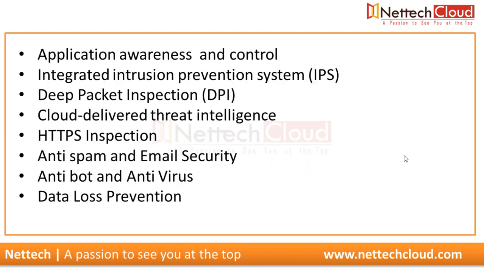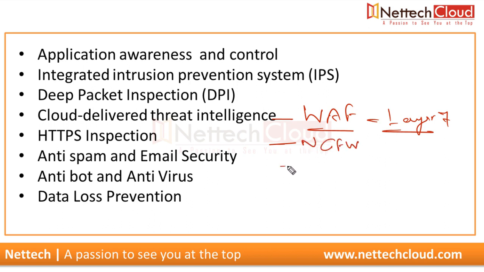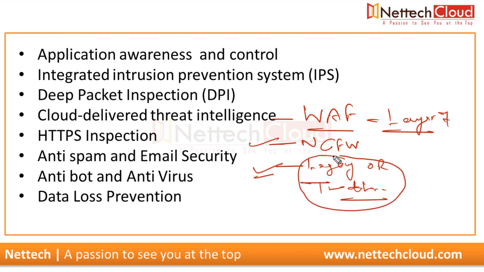So now the important point I want to discuss here is, what about web application firewalls or layer 7 firewalls? Because there is a web application firewall, and of course there is next generation firewall, legacy or traditional firewall. Up to this point we have understood that legacy firewalls mean no application-aware inspection, no content inspection, no threat prevention at all.